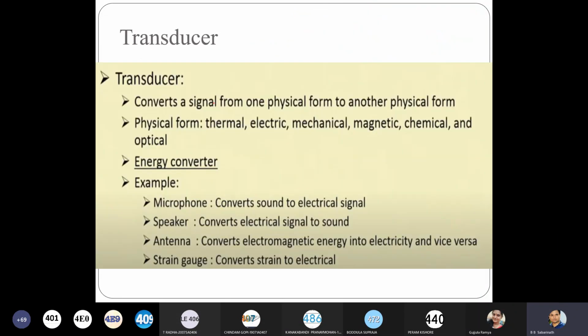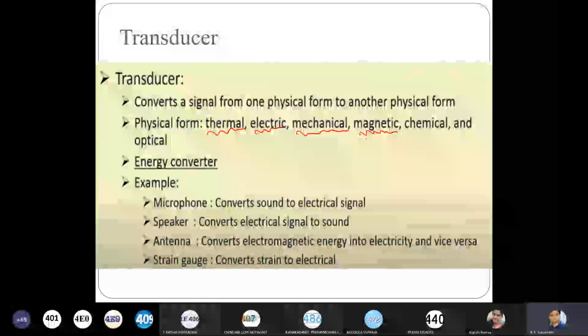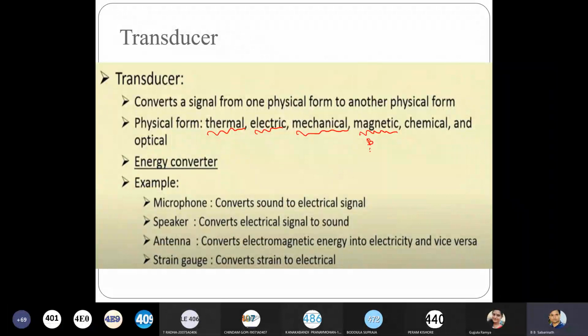See here, this is the transducer definition, the general definition: it converts a signal from one physical form to another physical form. This physical form may be anything. Thermal, for example, temperature. Electric, voltage, current. Mechanical, like linear displacement. Magnetic, like magnetic flux density, magnetic field intensity, magnetic moment.